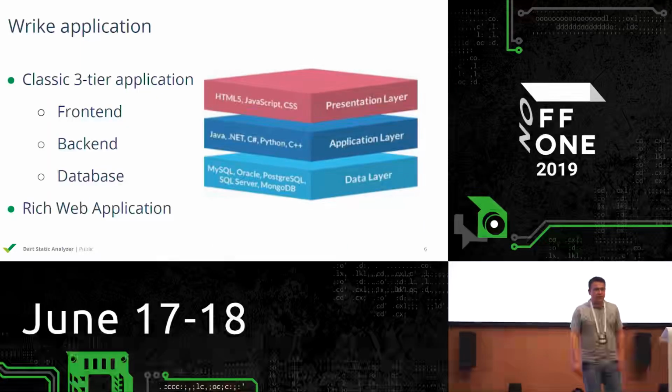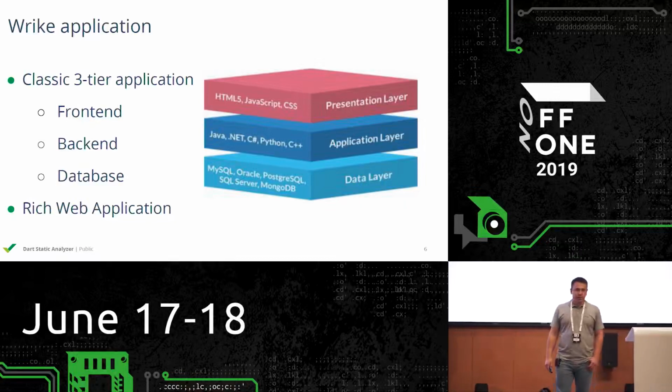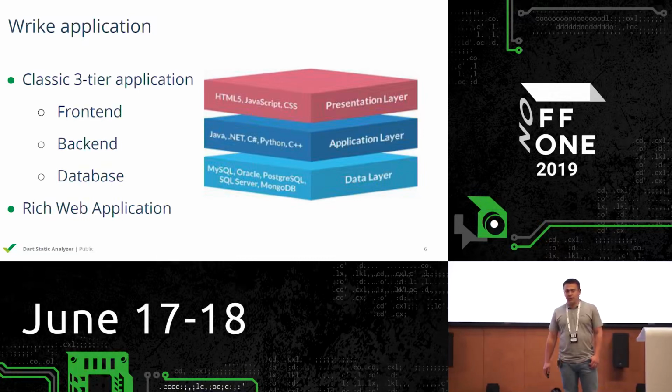RIKE is basically a classic three-tier application, which consists of the front end, back end, and database. It is a web application where you can find a lot of different inquiries from the front end, a lot of WebSockets, and many other things as well.